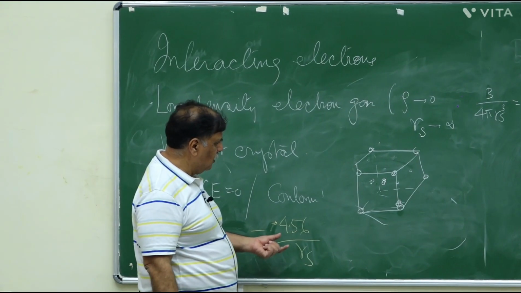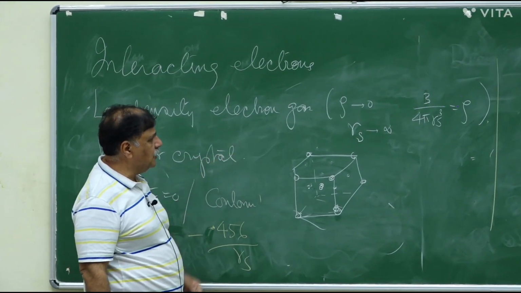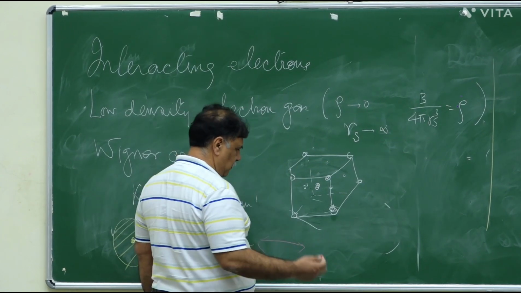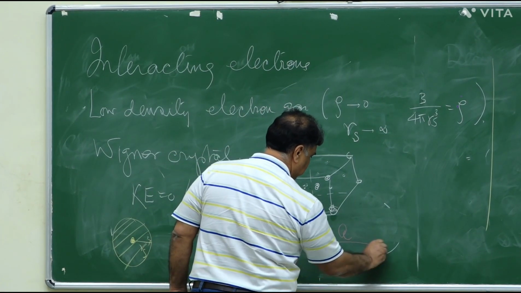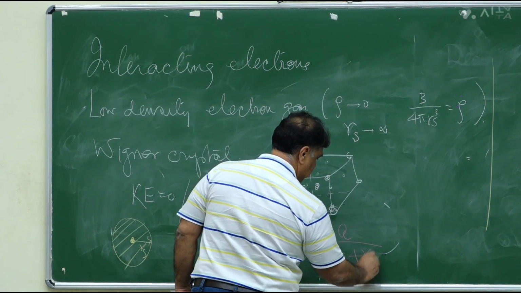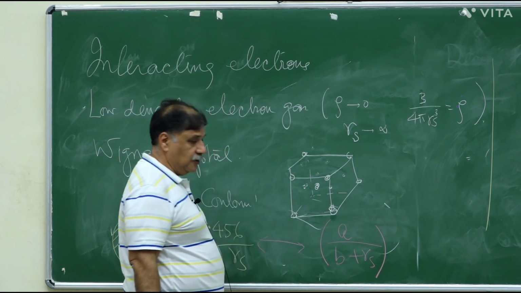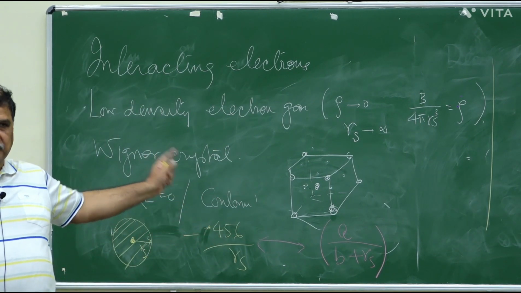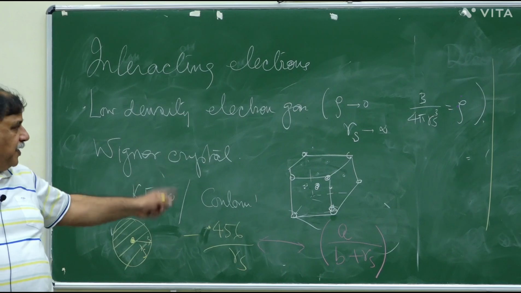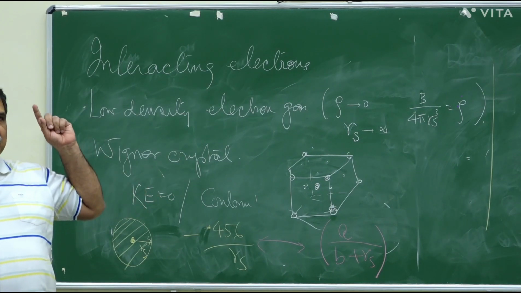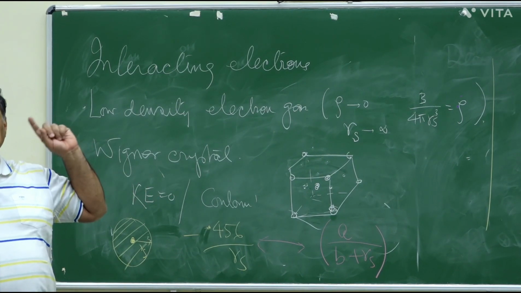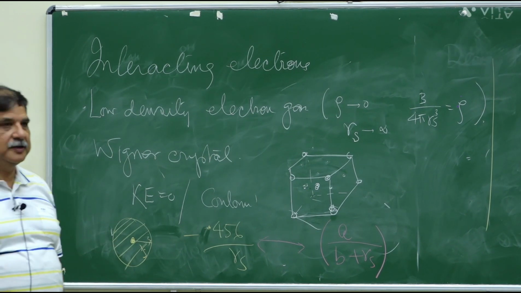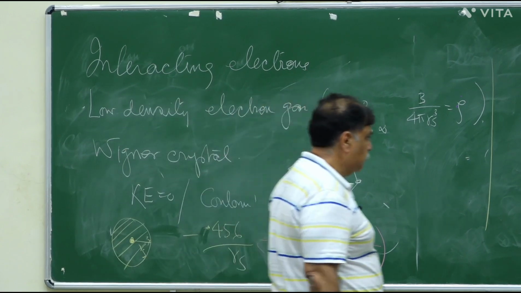And by the way, for densities which are not going to zero, this and the high density limit are interpolated, and you get a term like A plus B plus Rs. This is the correlation energy, which I'll talk about in a minute. I've given you an assignment problem: fit the quantum Monte Carlo based calculation to get this form. That is given in the assignment problem.